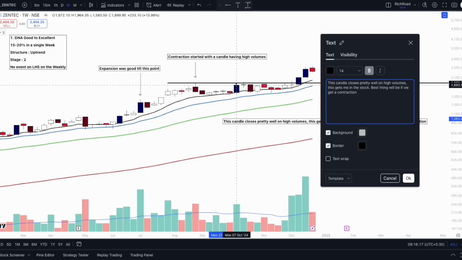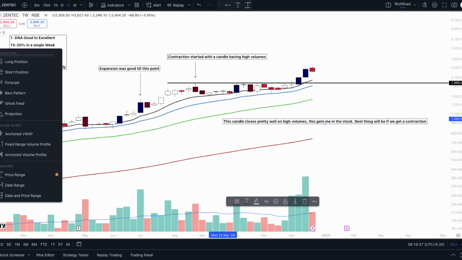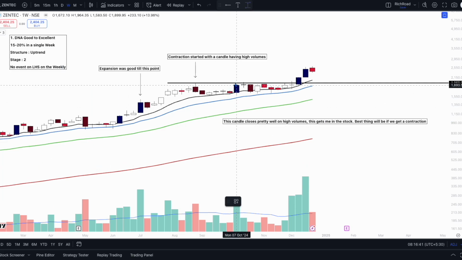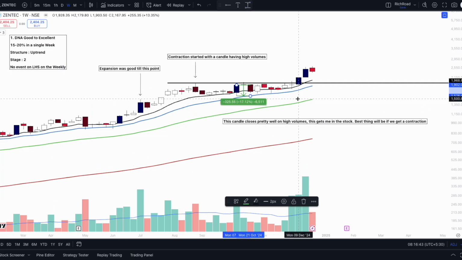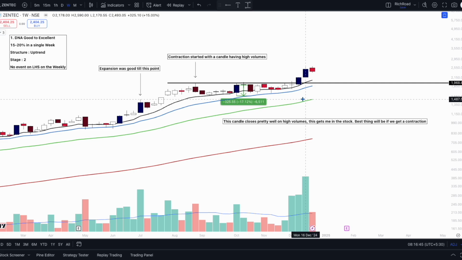See, if I'm buying at this point near the closing of this week, what will be the SL level? Even if you're buying on this candle, let's say, somebody will say, in fact, I'll talk about this in a sidebar later, but let's talk about this one. You say, why can we not buy over here? What's the problem? Well, there's no problem as such. It all depends. But you see, if I'm buying here, my SL will be around 17%. And do note the analysis we did on the monthly.